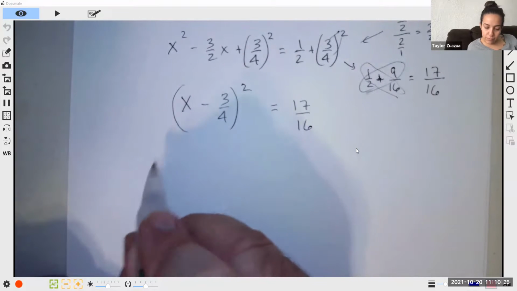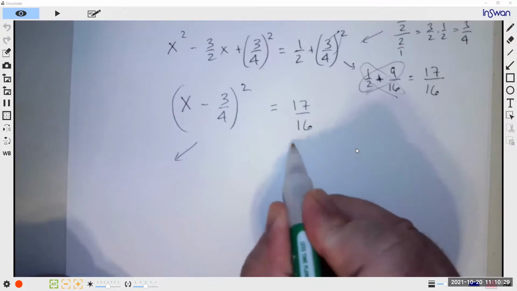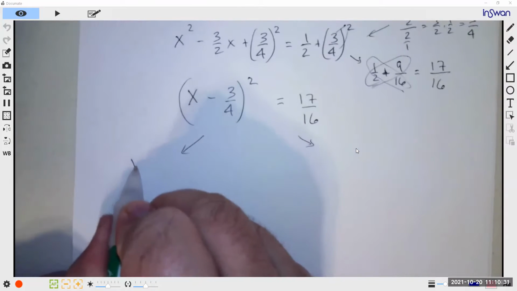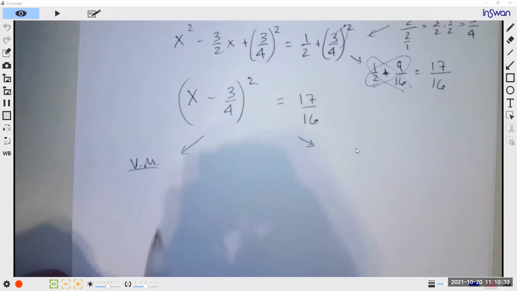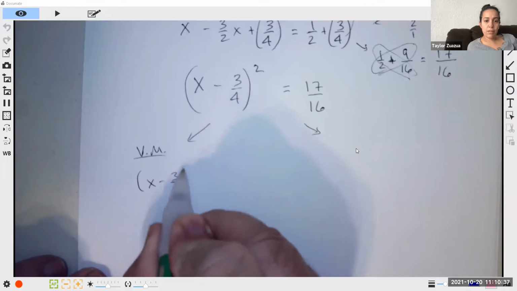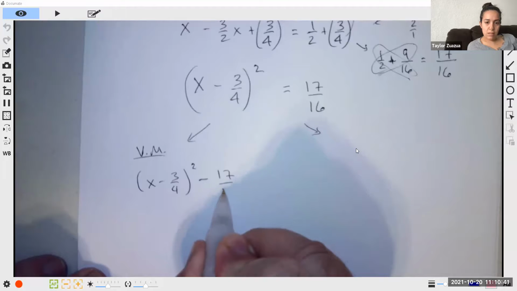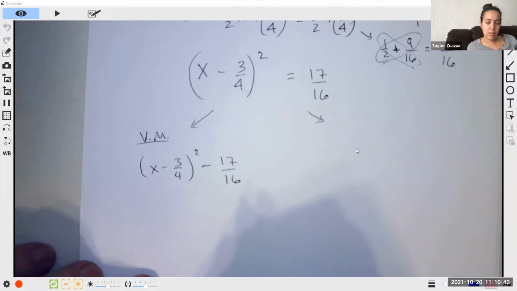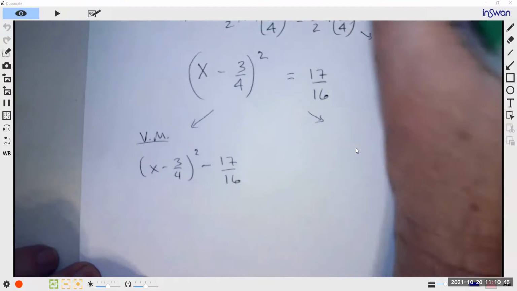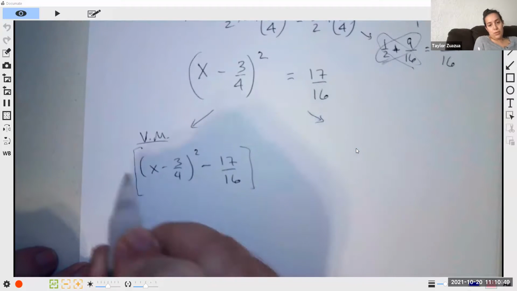Now this is where it splits. If we're doing the vertex method, remember at the beginning we divided by 2, so you multiply by 2.